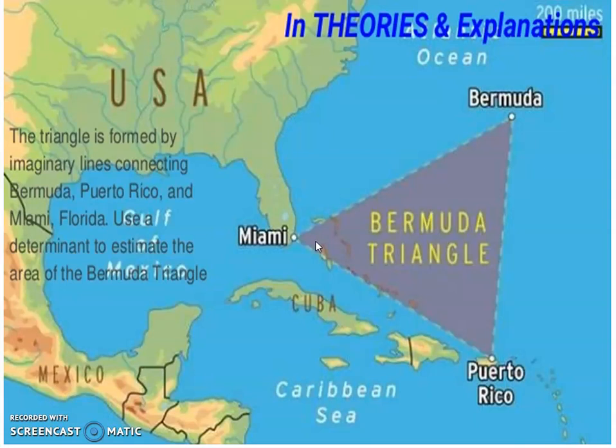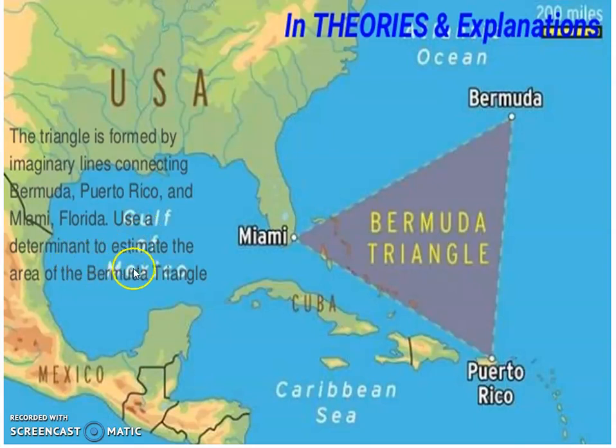In this diagram, you see something interesting. So in this there is an explanation. This is the map of a country. Let us take Miami, Puerto Rico and Bermuda. So that's why it is called the Bermuda Triangle. The triangle is formed by imaginary lines connecting Bermuda, Puerto Rico and Miami, Florida.